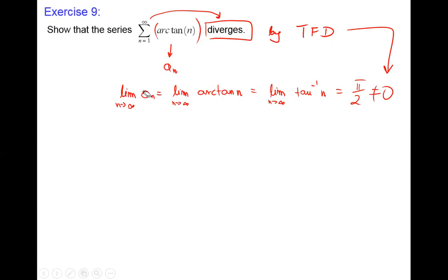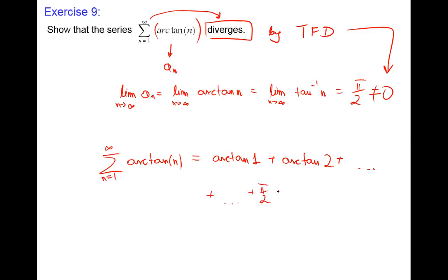Of course, the sequence, the inverse tangent, is convergent to pi over 2. That means I will have arc tangent of 1, arc tangent of 2, but at some point I will be adding pi over 2, because these terms are approaching this number.